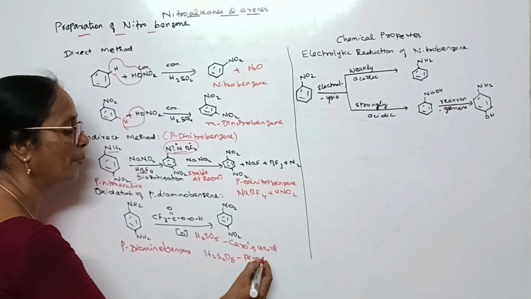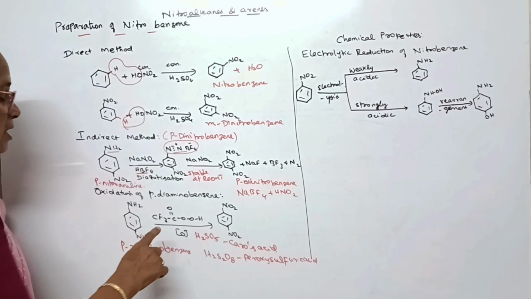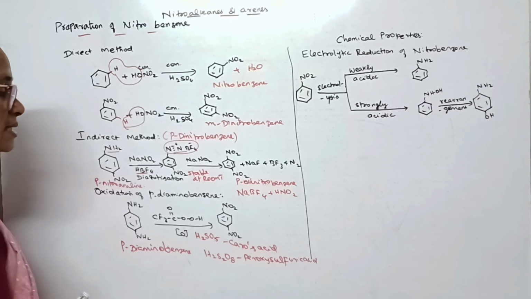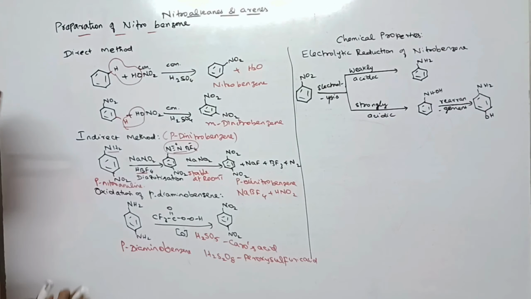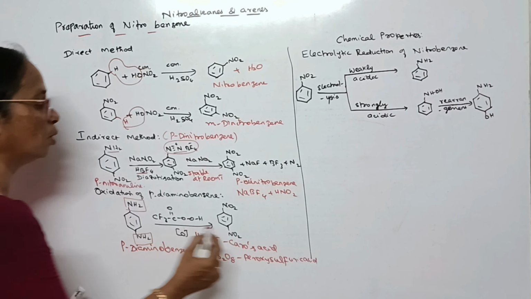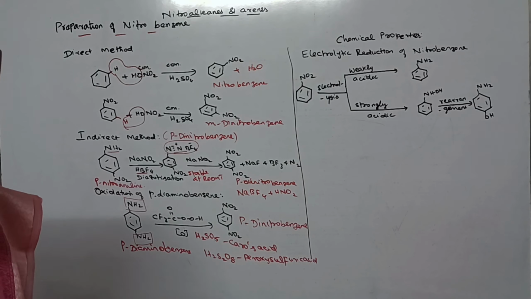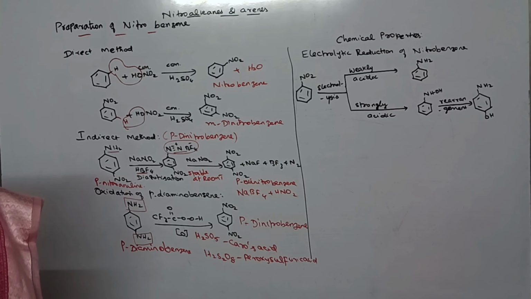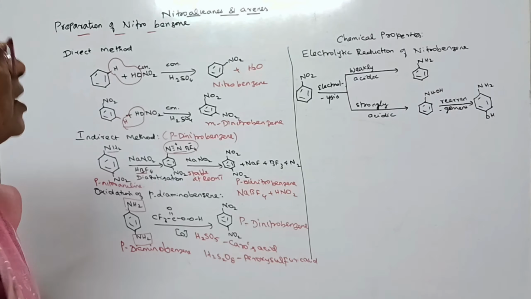So with either trifluoroperoxyacetic acid, Caro's acid or peroxydisulfuric acid, both NH2 groups can be oxidized into NO2, giving para-dinitrobenzene. So that's all the preparation of nitrobenzene by the direct method as well as the indirect method.